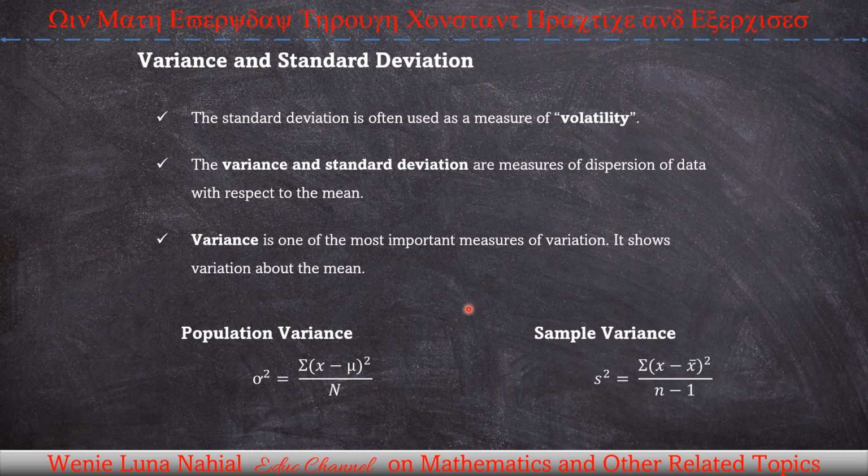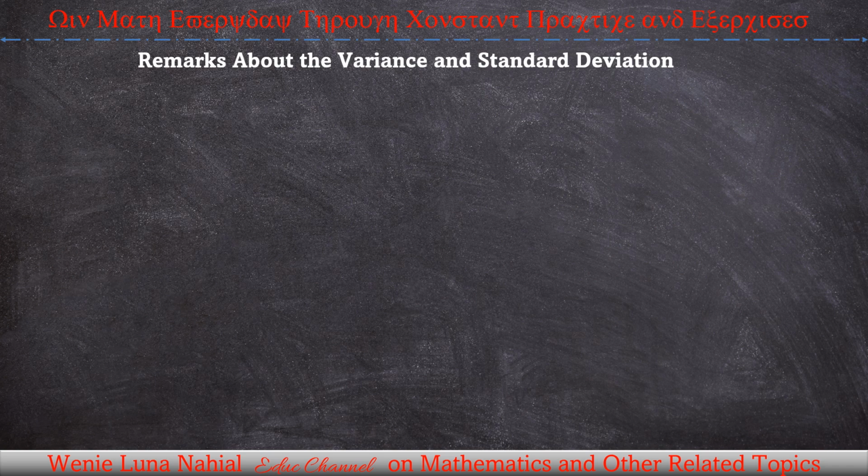Then we have the sample variance. It is represented by s squared, and that is the summation of the second power of the observation minus the sample mean divided by n minus 1. Remarks about the variance and standard deviation.